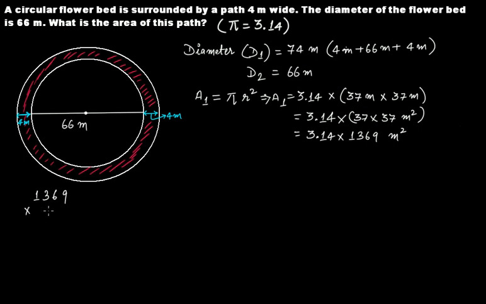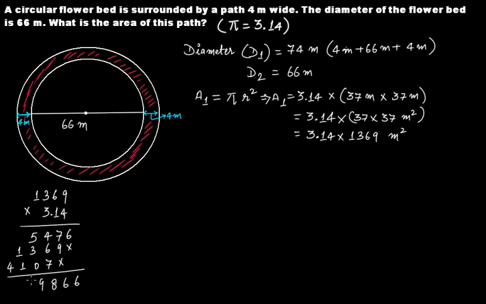Now if you multiply 1369 with 3.14, and we have this decimal, you get 4298.66 meters square.